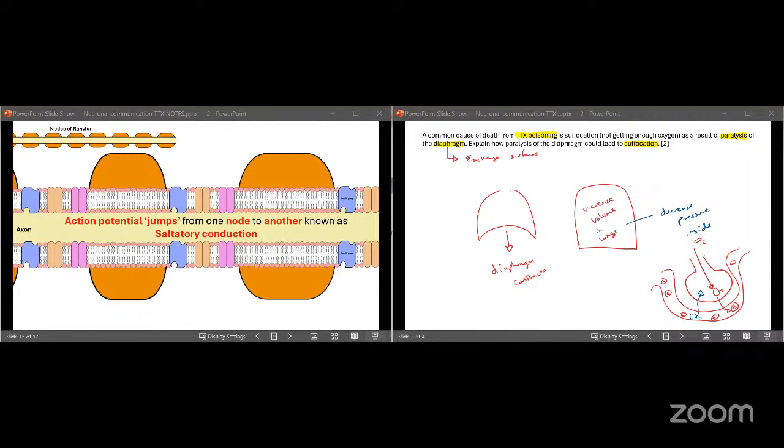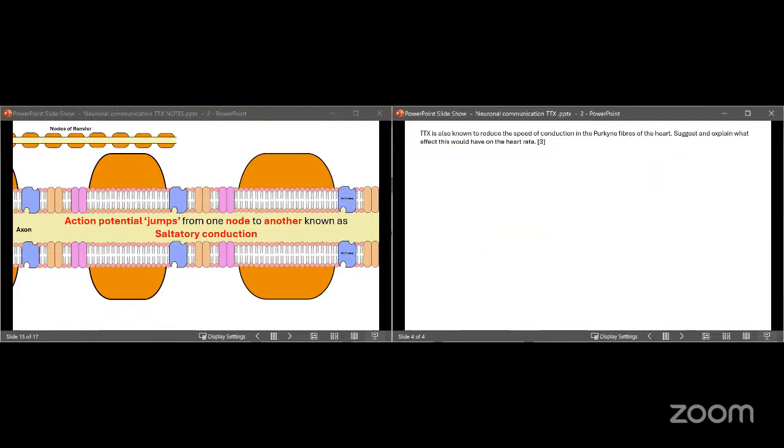Okay, so moving on to the next question then, this one here, it's now asking about reducing the speed of conduction in the Purkinje fibers. So it's asking you to suggest and explain what is going to happen to the heart rate.